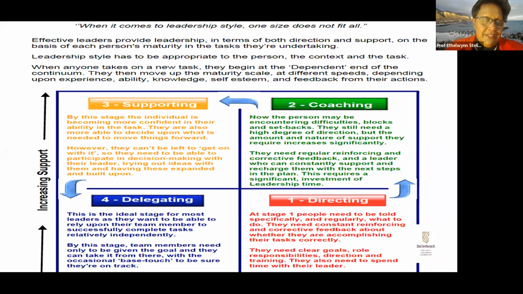And if you get to the fourth stage of maturity in the clinical environment, then things can be delegated. As a leader, you can now delegate, and don't be scared of delegating, and feel that you as a leader are the only one that can do what needs to be done.